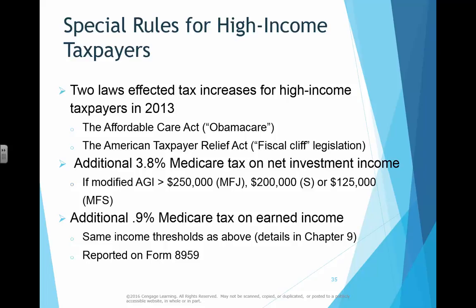Why do high income people hate Obamacare? Because it actually puts more taxes on them. If your modified adjusted gross income is above $250,000 married filing jointly, or $125,000 married filing separately, or $200,000 single, you have to pay an additional 3.8% into Medicare on your net investment income and an additional 0.9% on your earned income.